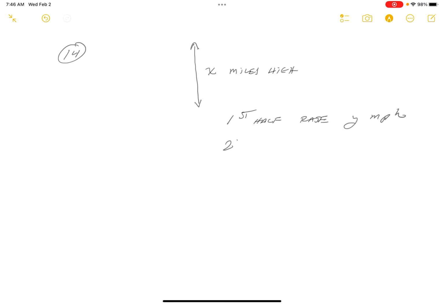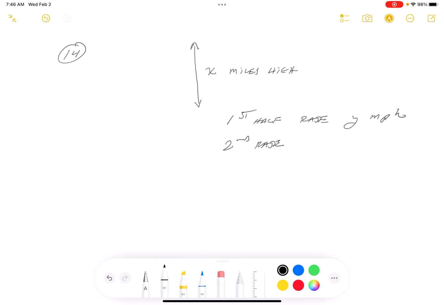And the second half, his rate, whoops, I'm a little dizzy here. Let me go backwards and erase that. Second half, his rate, well, again, reading it again says 1/2 mile an hour less. What does that mean? Y minus 1/2 miles per hour.